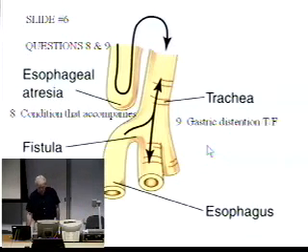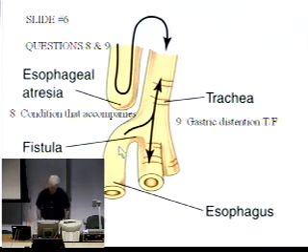Slide number 6, question number 8 and 9 come from this slide. Note that there is an esophageal atresia and the trachea with the fistula into the distal esophagus. So question number 8 is shown here. What condition accompanies this abnormality?